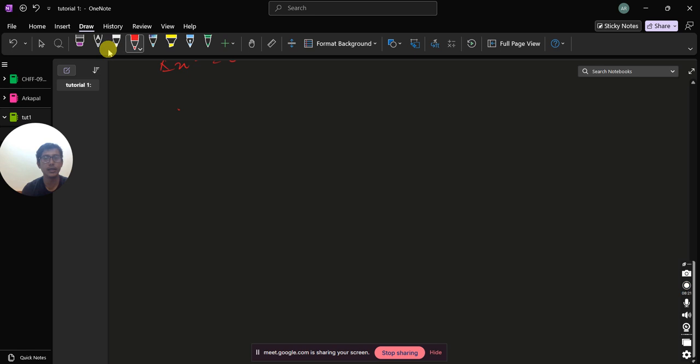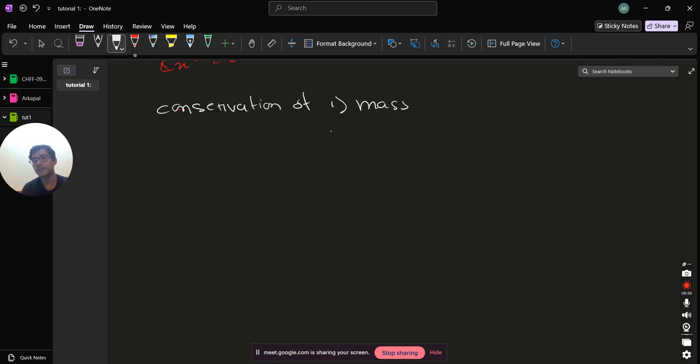So in CFD, or when we solve for fluid dynamics equations, we generally solve for the conservation of mass, momentum, and the energy.